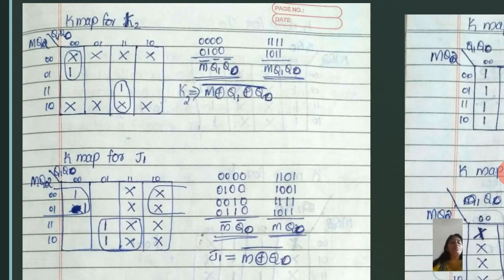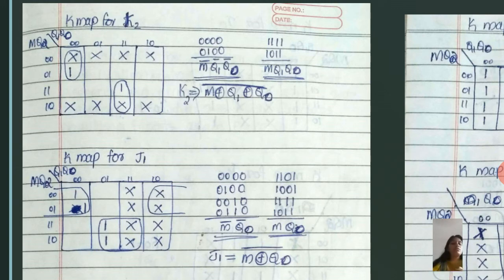You have to group the members that are on the edges, if they are present horizontally or vertically, not diagonally. Diagonal grouping is not possible, so you can group the members on edges horizontally or vertically. That is why we are doing this kind of grouping.